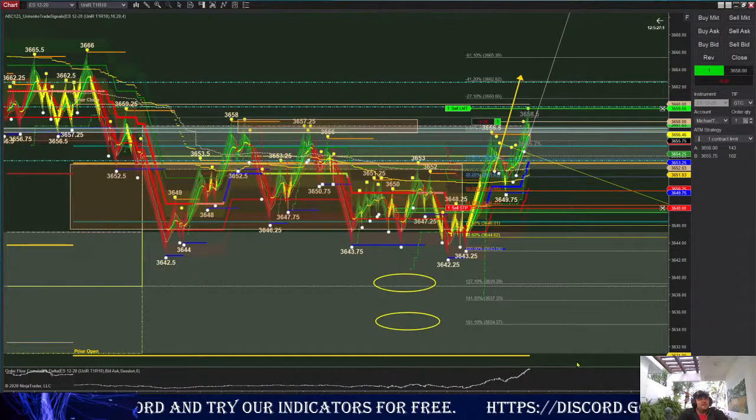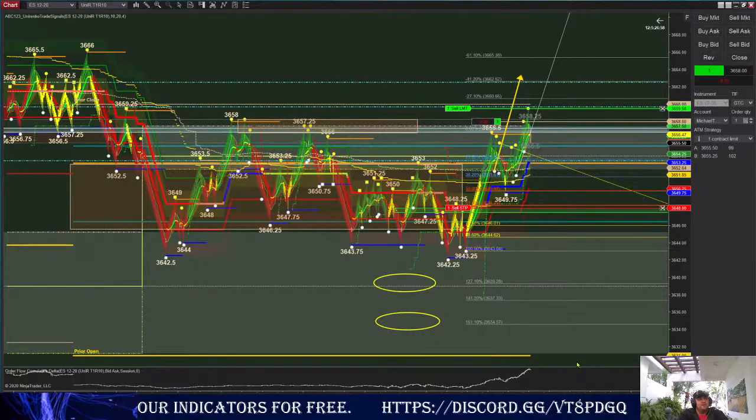I think the only person that got the good trade today was Isham when he got that lower one.